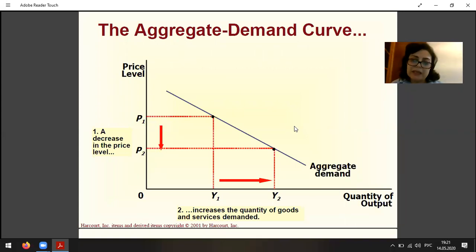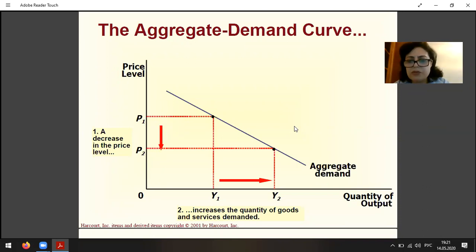Is it normal? Yes, it is, because at the macroeconomic level the general trend is stable. Normally when the price level of different goods and services goes down, the amount of goods and services demanded is expected to go up. We see this on the scheme, and this movement from Y1 to Y2 proves our proposals.